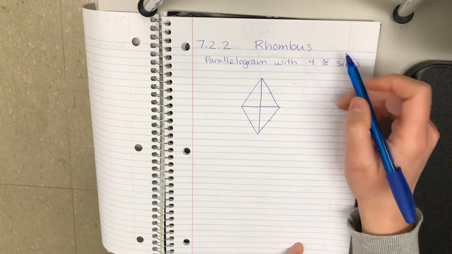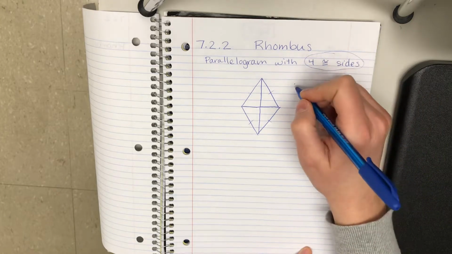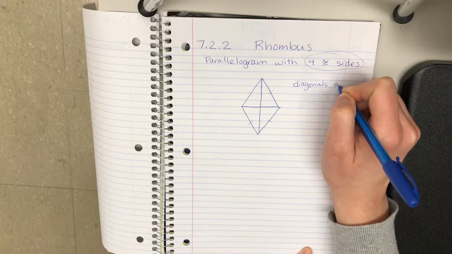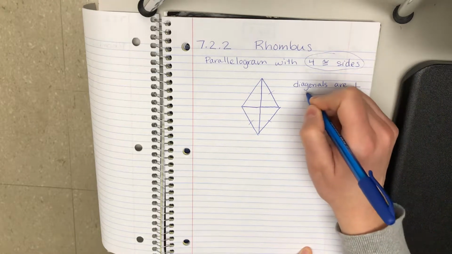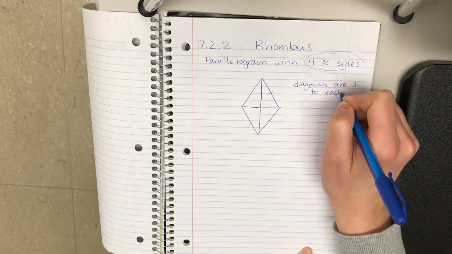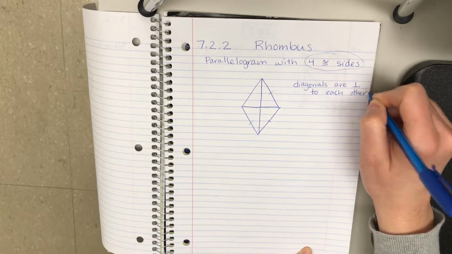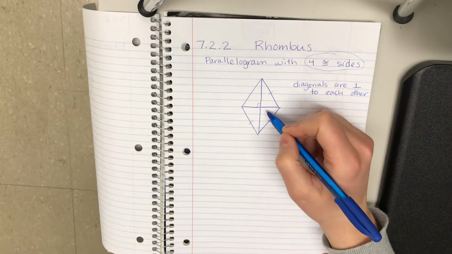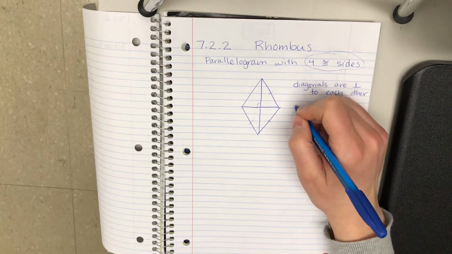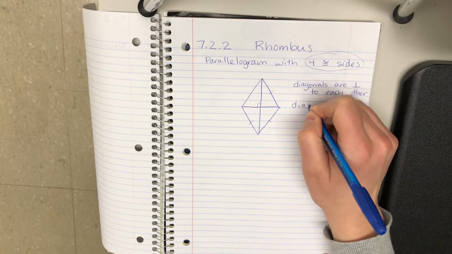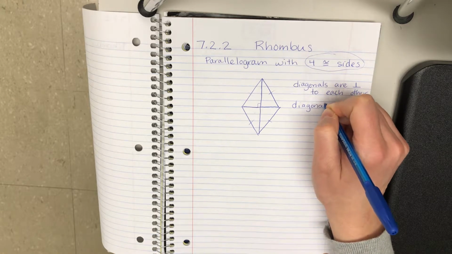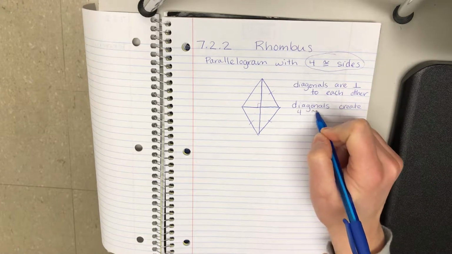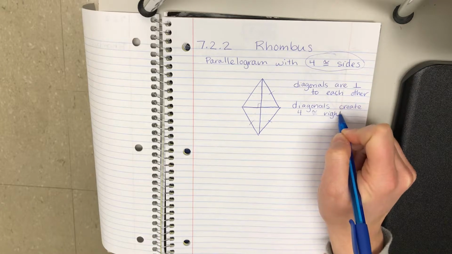So again, the keys to a rhombus: 4 congruent sides, diagonals are perpendicular to each other, and those 2 diagonals actually create 4 congruent right triangles.